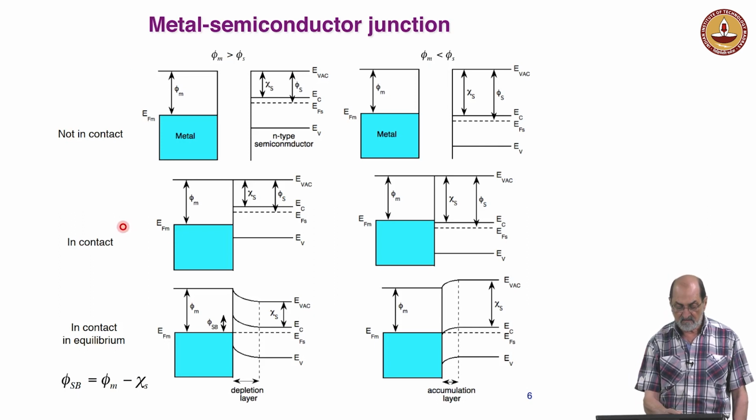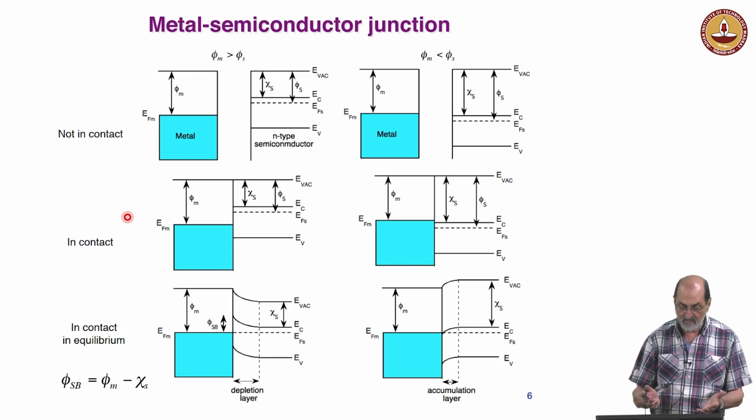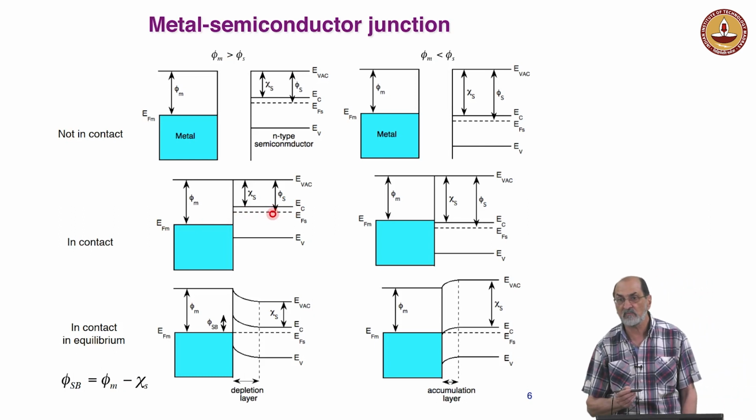This second picture shows the situation when we put the metal in contact with the semiconductor, before any charge transfer. But something is not right here because the Fermi levels are different. Here is the Fermi level of the metal, and here is the Fermi level of the semiconductor. This is not in equilibrium.